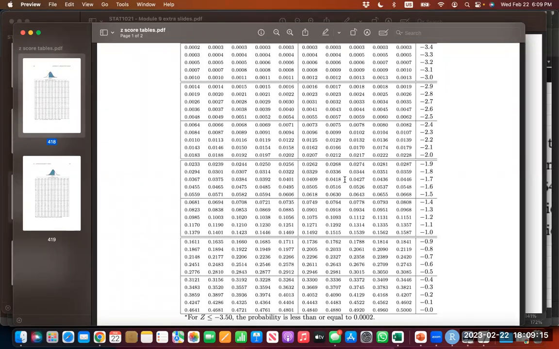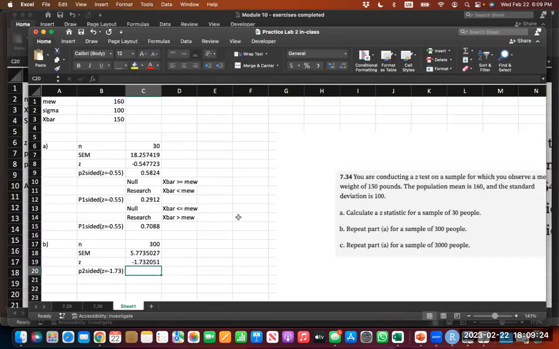It's 0.0418, so we need to multiply this by 2. We have a p-value of 8%. If it were a one-sided hypothesis test, we would look at a significant result now.